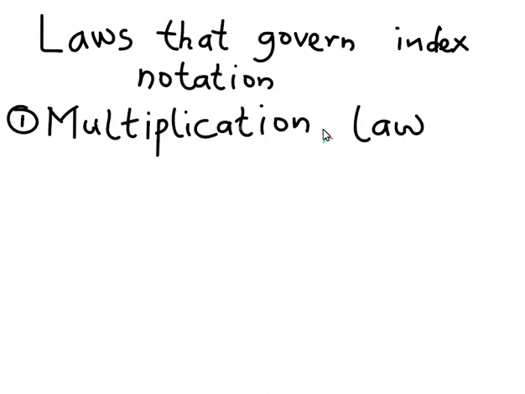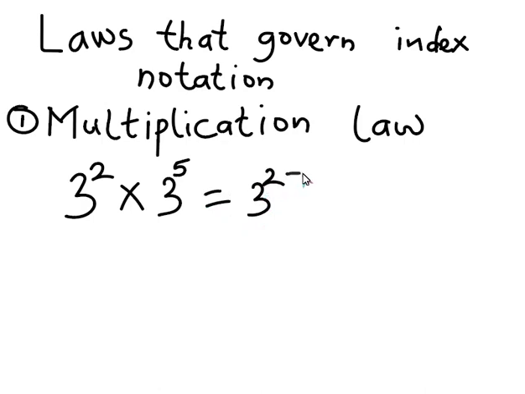That's the multiplication law. The multiplication law goes thus: when numbers with equal bases are being multiplied, their powers or indices are added. Like when we have 3 raised to the power of 2 times 3 raised to the power of 5, what we have is 3 raised to the power of 2 plus 5.